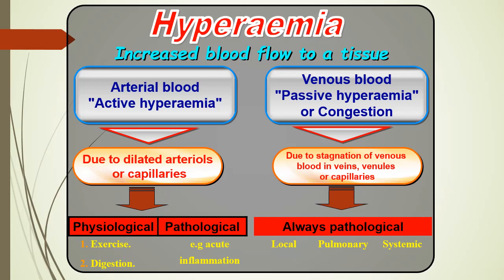Also, active hyperemia may be pathological, as we see in acute inflammation in any part of the body. While passive hyperemia or venous congestion, its causes are always pathological, no physiological causes for venous congestion. Three types of venous congestion, and we will discuss them later: local venous congestion, pulmonary venous congestion, and systemic venous congestion.